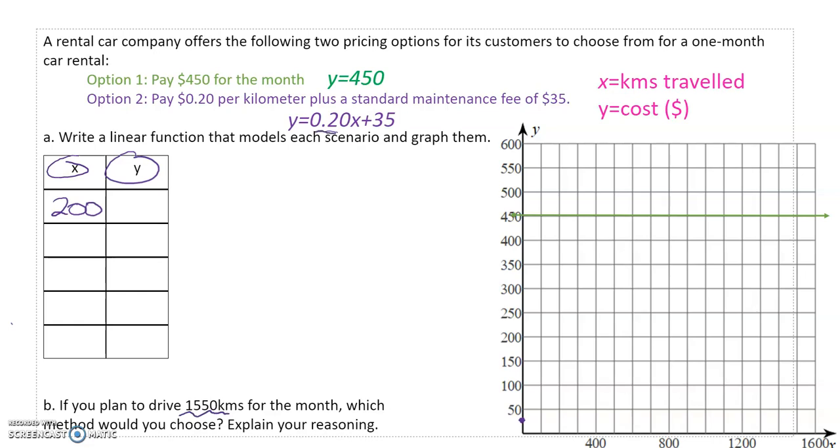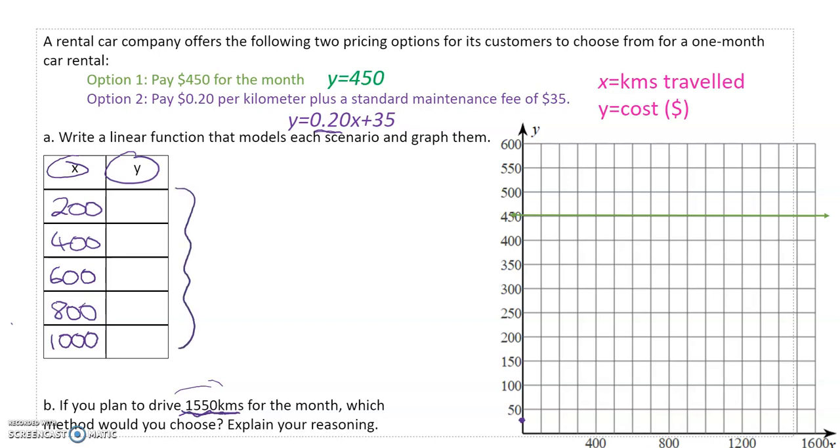So I would be there for a very long time if I go by 0.2, and because I want this large number, the scale on my graph reflects this. So I'm going to go up by 200s and then connect them to form my line. Now I don't need to go all the way to this value that's asked for because I can just extend my line. So how do I get these y values?